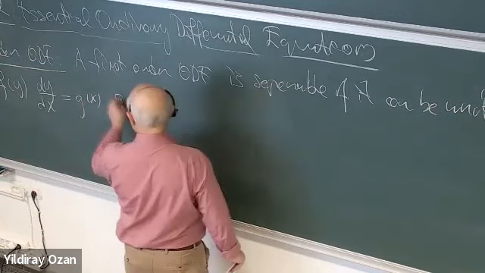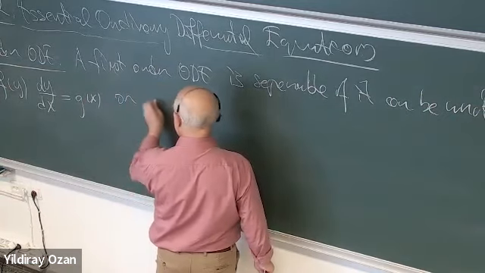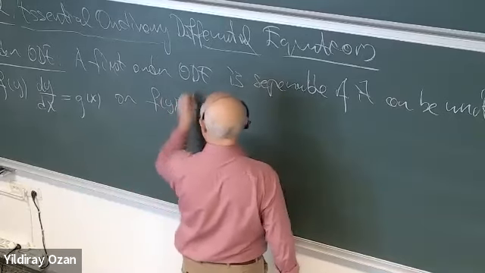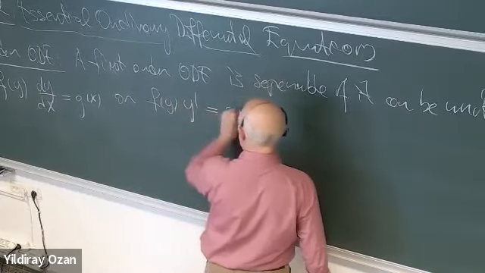Or we write it also this way, f of y times y prime equals g of x.